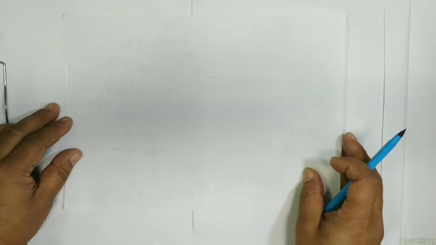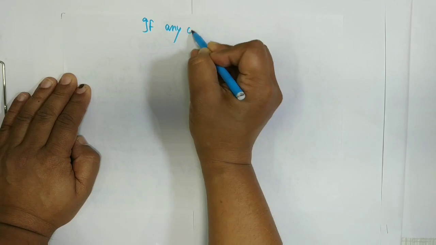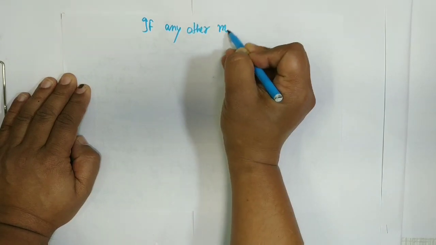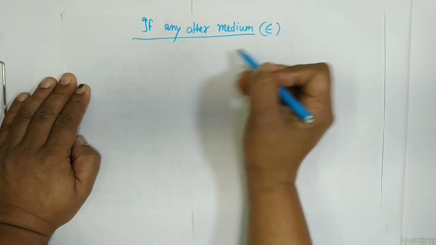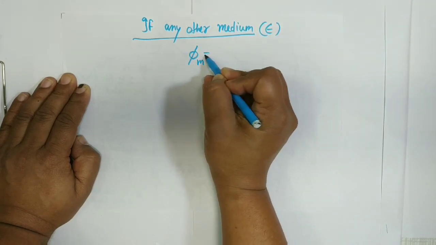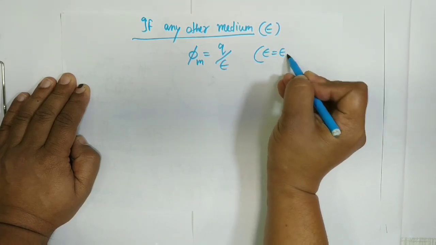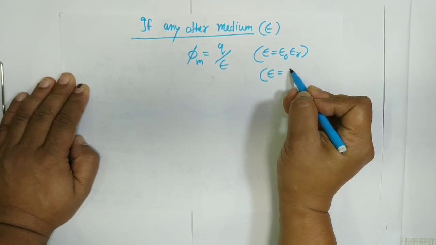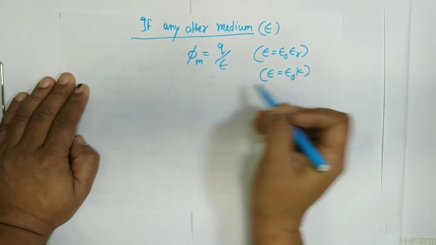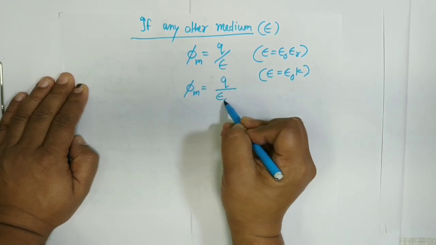And another thing, I think all of you know, if there is any other medium, dielectric, it is represented by epsilon, then phi will be q by epsilon. And epsilon is written as epsilon naught into k. So phi in the medium will be q by epsilon naught into k.